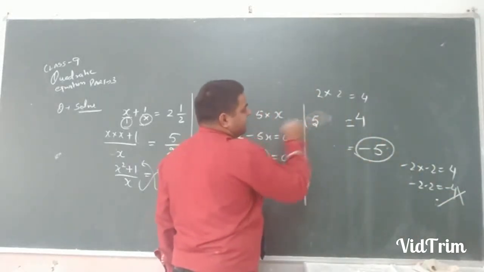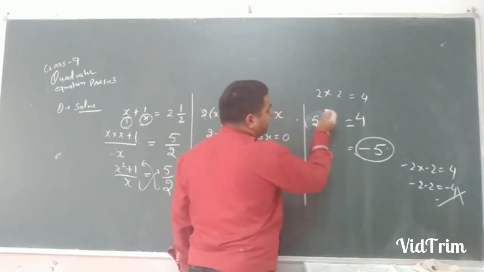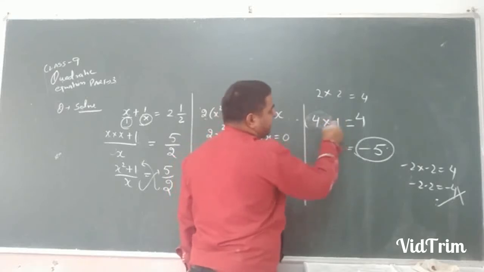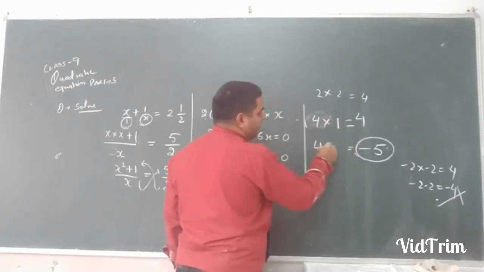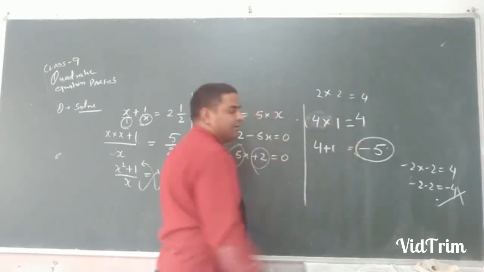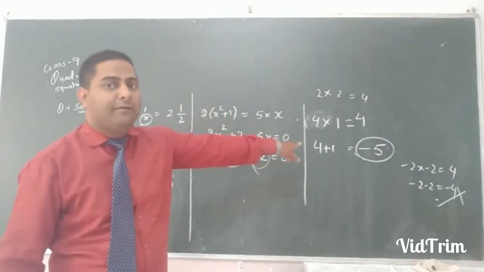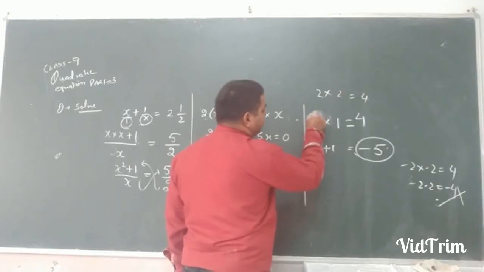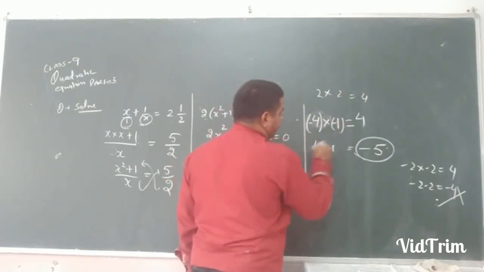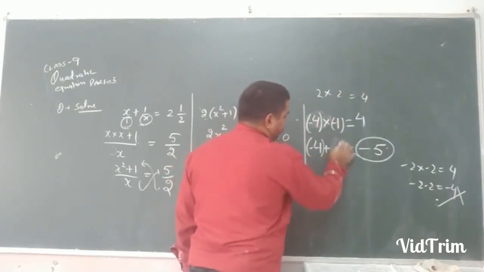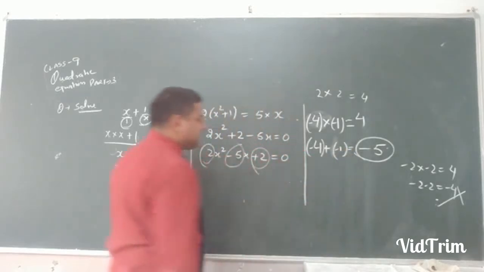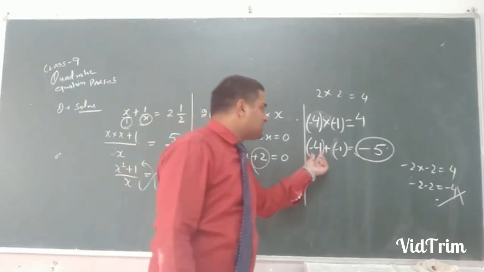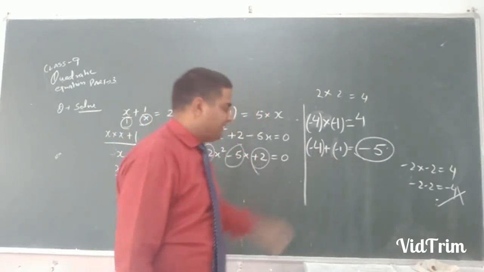So what are the numbers? 4 into 1 is 4. 4 plus 1 is 5. But we have a negative sign, so both the numbers should be negative. So we can see the two numbers are now minus 4 and minus 1.